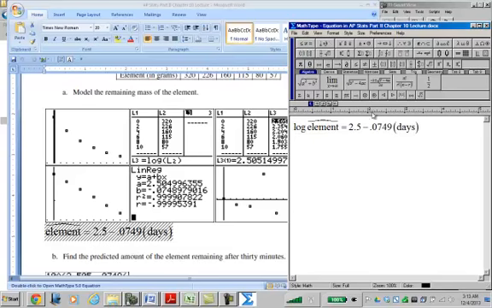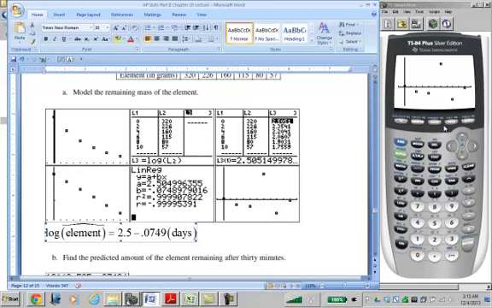All right, and it's the log of the estimated element in grams equals, okay, so control F4. So that's the equation.